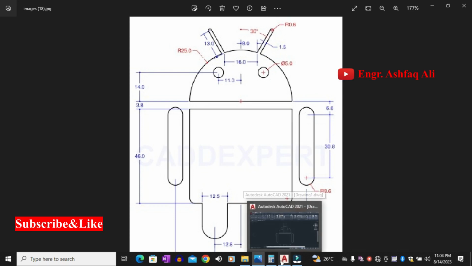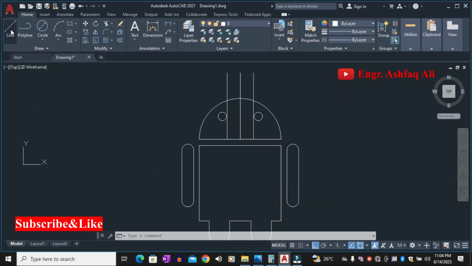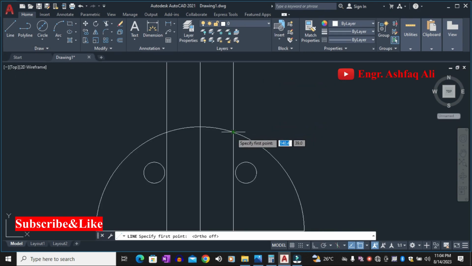So there is a 30-degree angle between the center line and those specific particular figures.